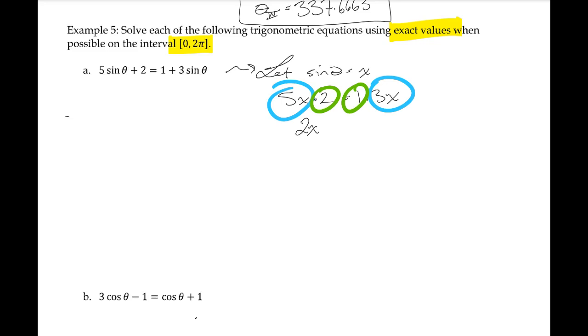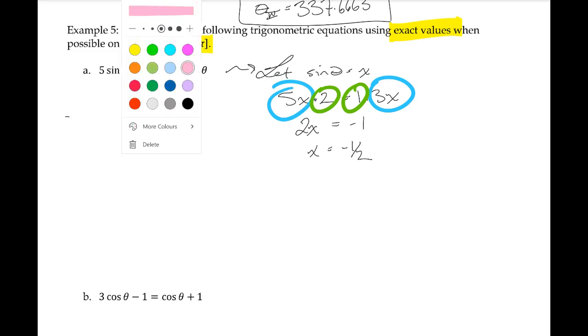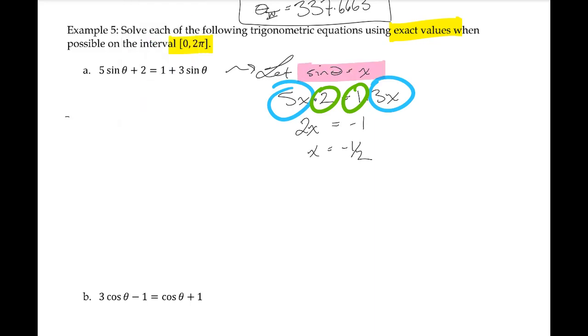I'm going to move them onto the right side, so subtract 2, and that gets me negative 1. x equals negative 1/2. Okay, but I'm not done here, because I wasn't solving for x. That was not the original purpose of my question. I need to go back and plug this piece back in. So I'm going to go back, and that needs to be substituted back in.